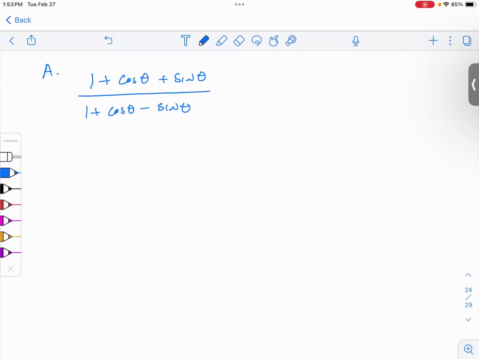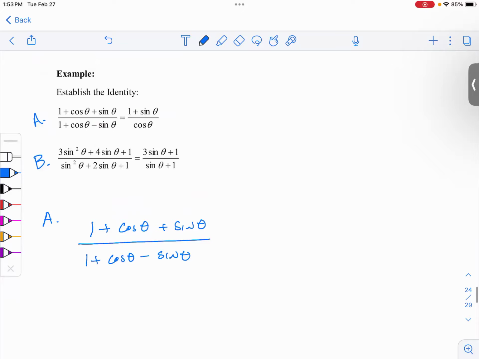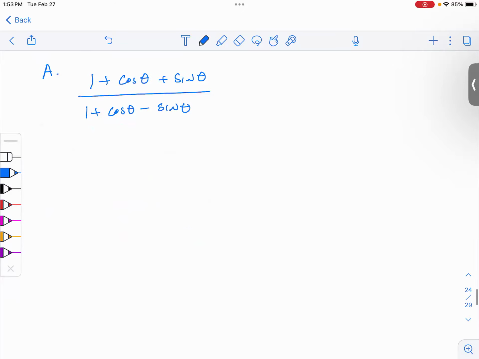So I want to see, how do we make this any better? Convert to sines and cosines. Common denominator. Done. Factor.